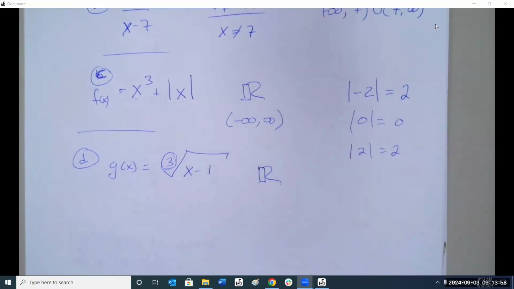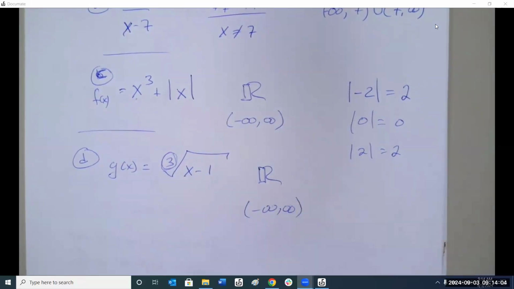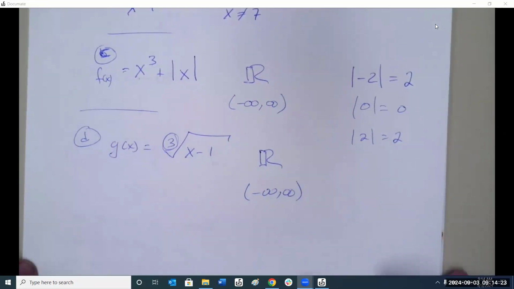The domain for an odd power root, third root, fifth root, seventh root, is all real numbers. We'll look at the graphs of all these next class, so it makes more sense and we'll have more idea what this is all talking about.